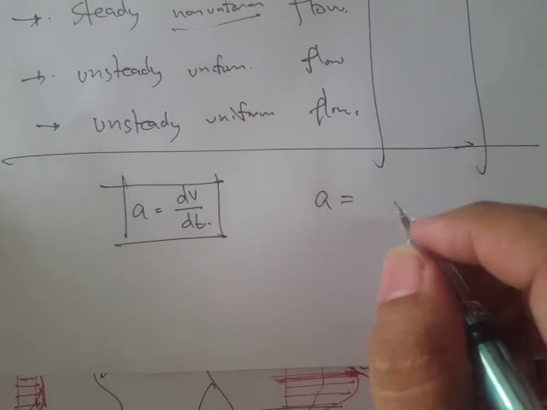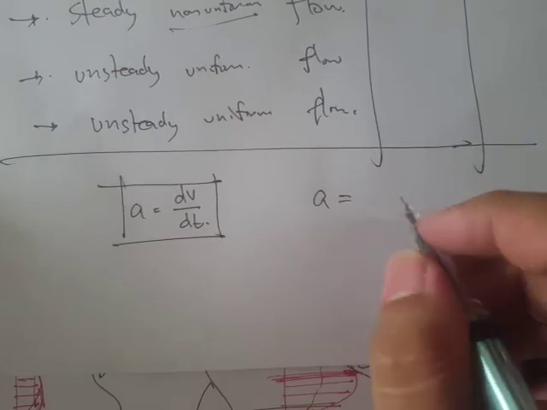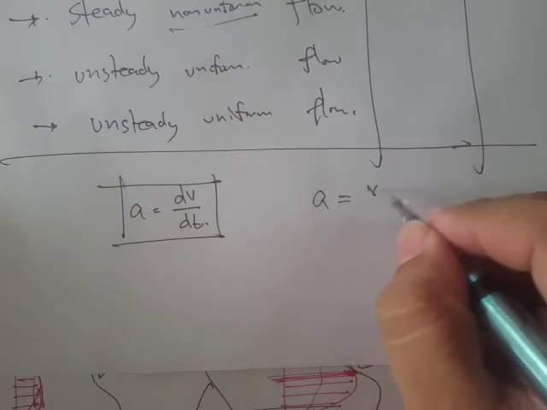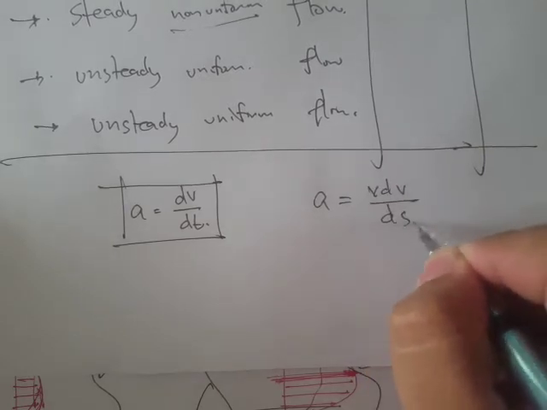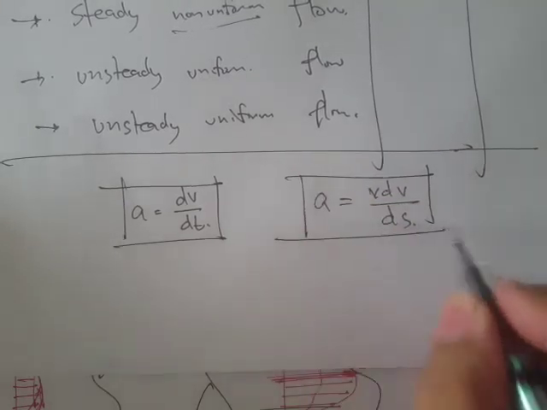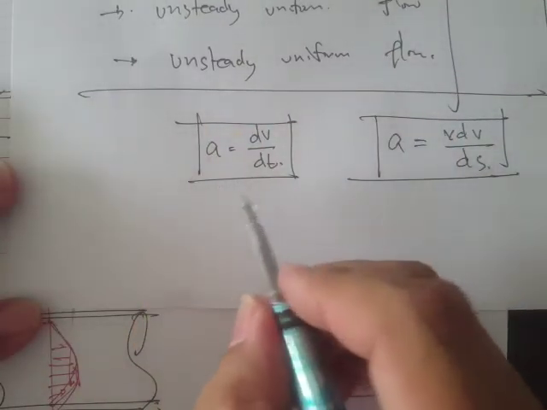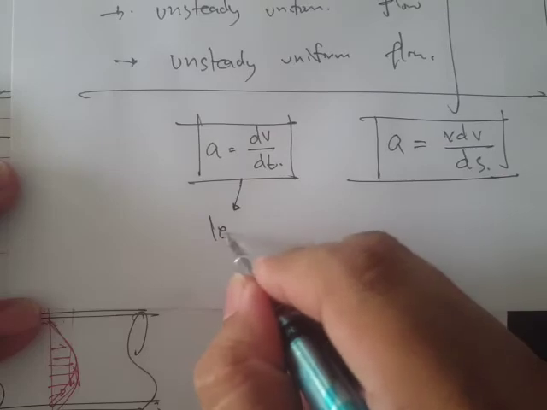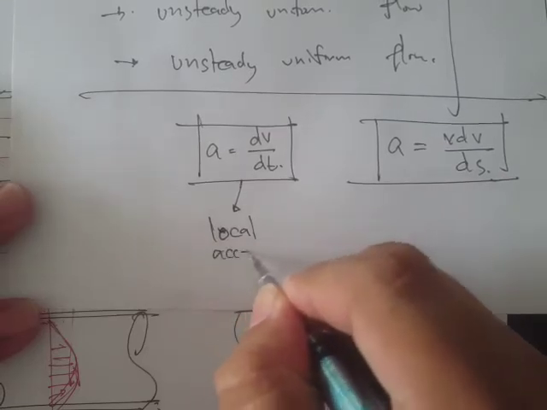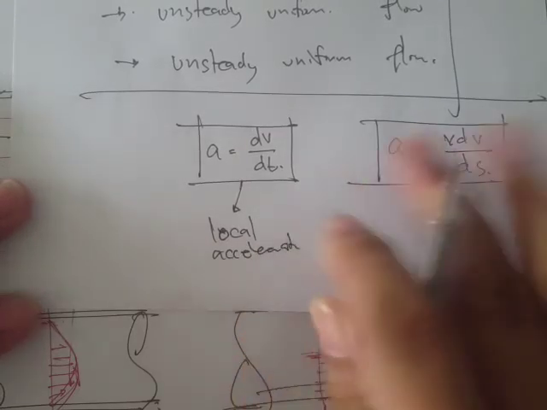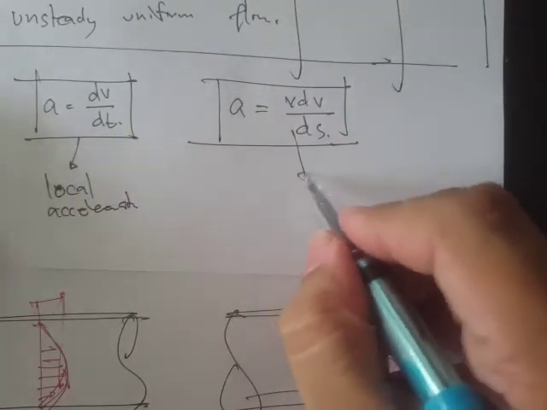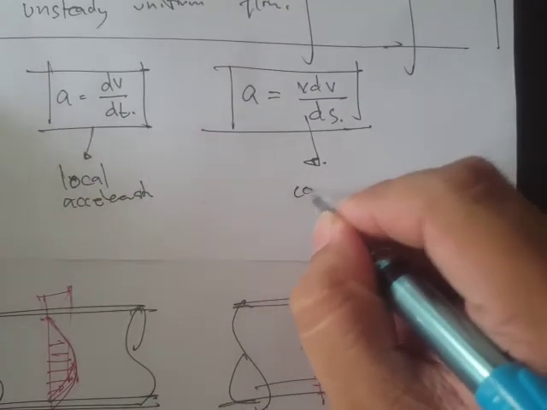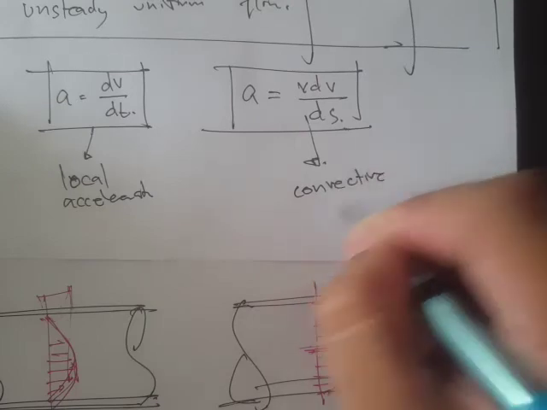In terms of position, we have A is equal to V dV over ds. If we talk about acceleration as a function of time, we term this local acceleration. And with respect to space, we term this convective acceleration.